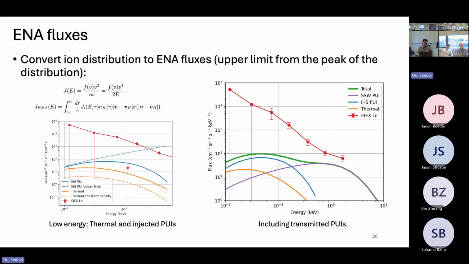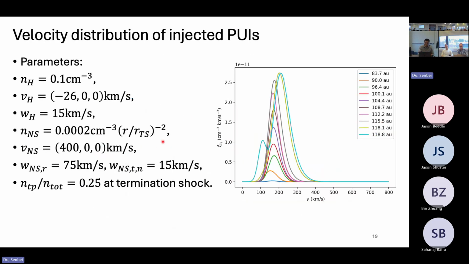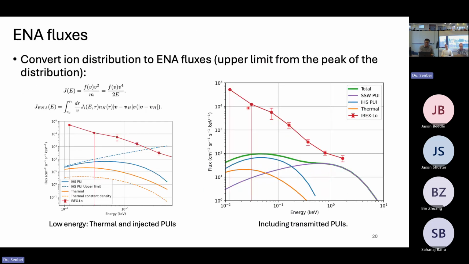And here I want to note that the blue line is the contribution from the injected pickup ions. And I also show a dashed line that's an upper limit that I estimated by using the peak of the distribution from this previous plot for all the energies.